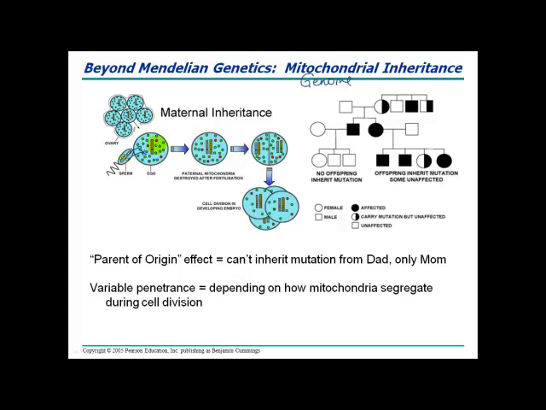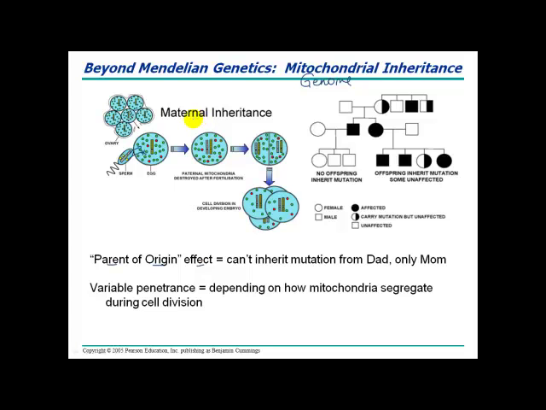You can only inherit from mom. And this is referred to as a parent of origin effect. Because you don't inherit any mitochondria from dad, you can't inherit any mitochondrial mutations from dad. So that's one thing that we see with mitochondrial inheritance, is inheritance from the maternal germline, but not the paternal germline.